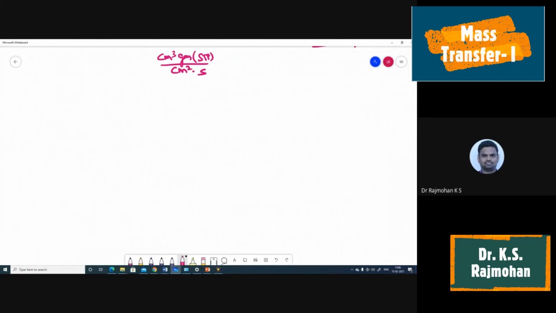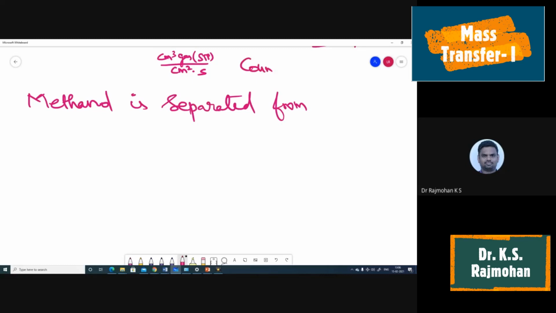Methanol is separated from, so this problem is on counter diffusion. Okay, as I said, the first problem is on what we derived in Friday's class. We derived the expression for diffusion through solids. Okay, so this is about the class test we wrote.